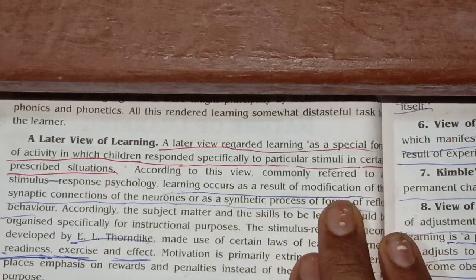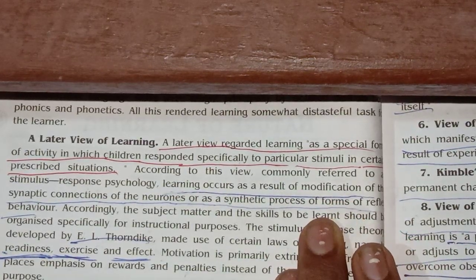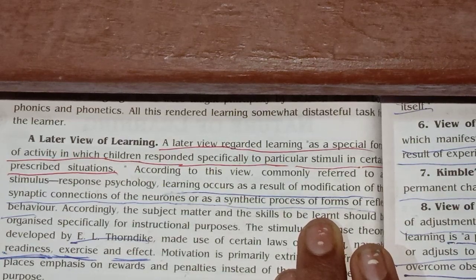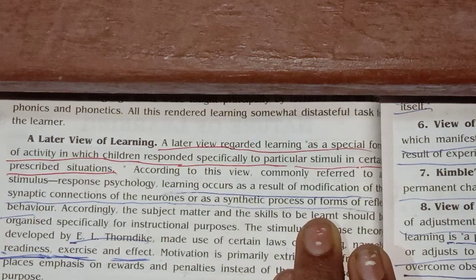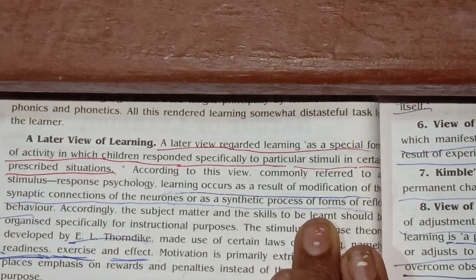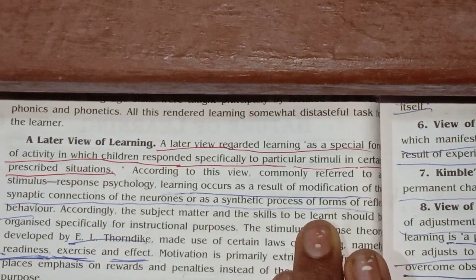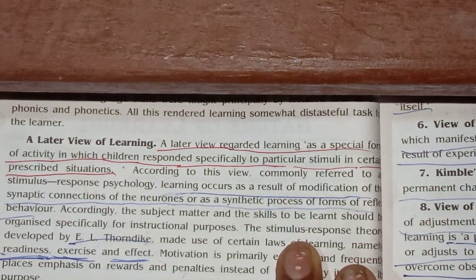This paragraph is saying that it is a response of a child in a classroom situation to the stimulus. The teaching of the teacher and the teacher, both are called stimuli here, and the prescribed situation is the classroom. That is called the learning process according to the later view of learning. I think you have all understood.